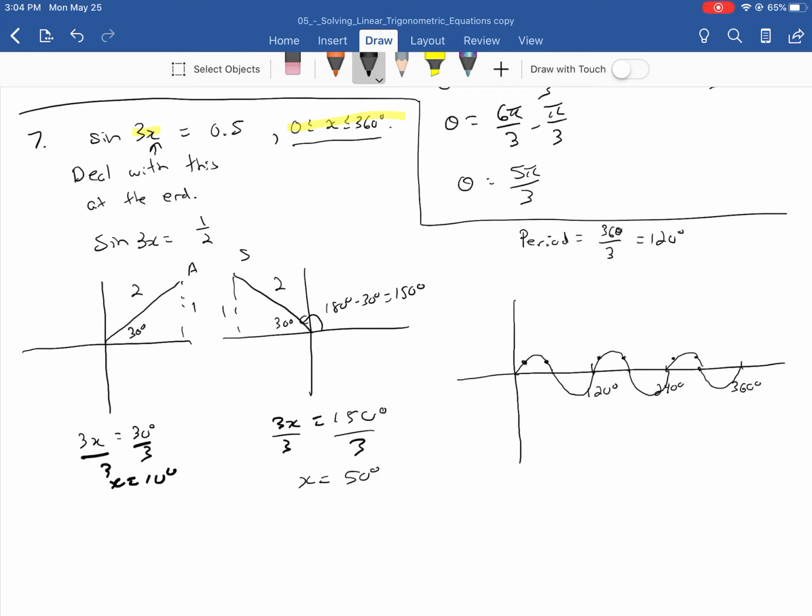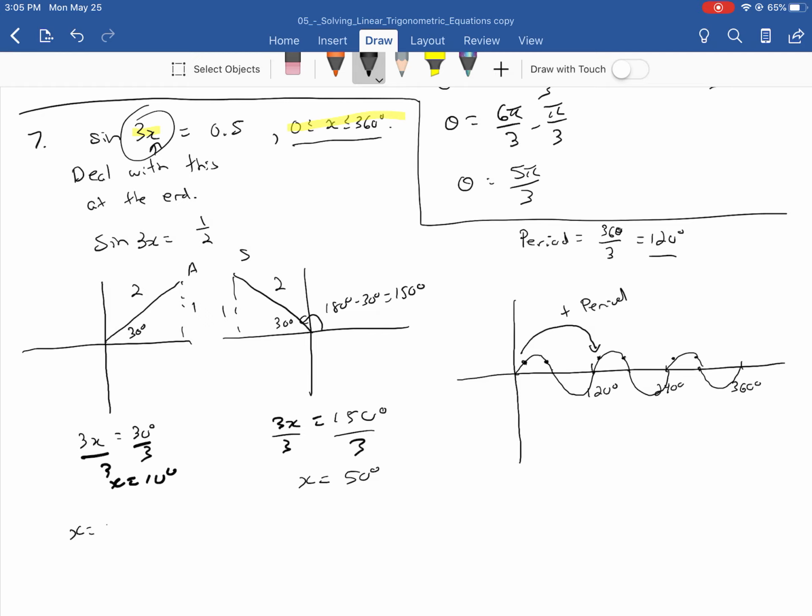We need this answer, and this answer, and this one, and this one, all these other ones. Well, that's the bad news. The bad news is you have to know to look for these things, because we've only got 2 of the answers so far. When there's a coefficient on the x, it changes the sine to having more answers between 0 and 360.